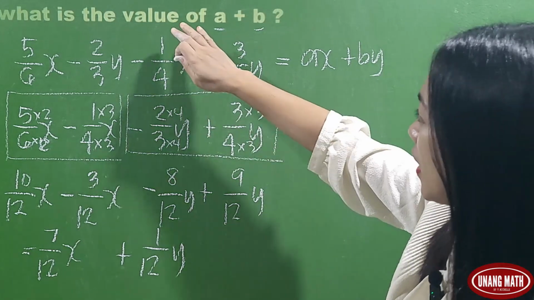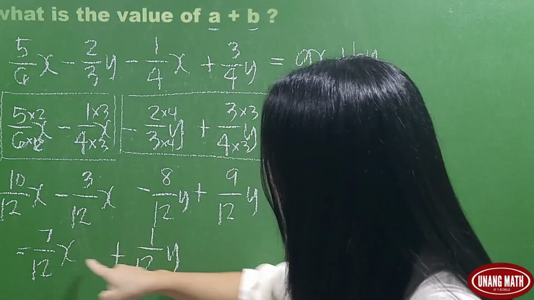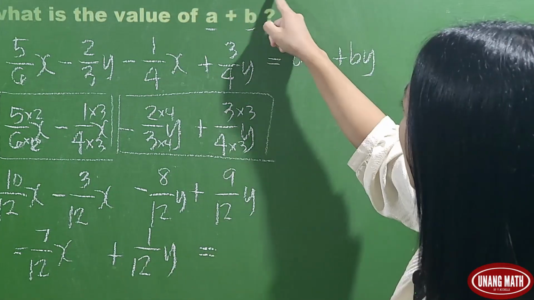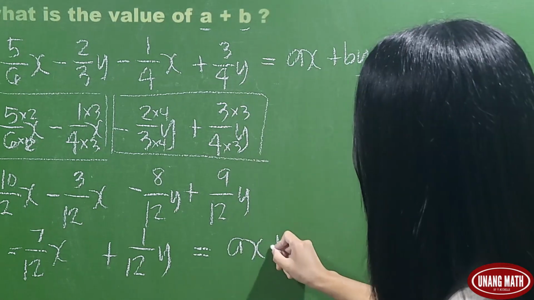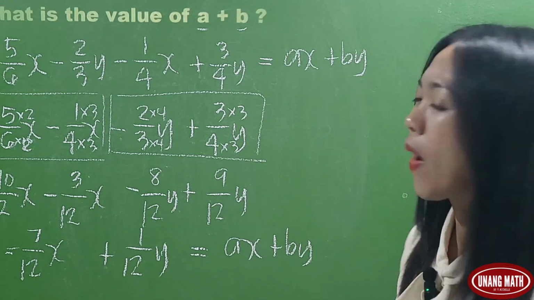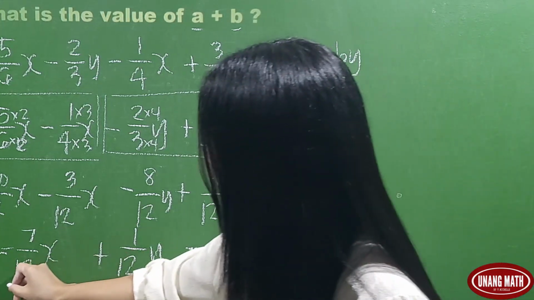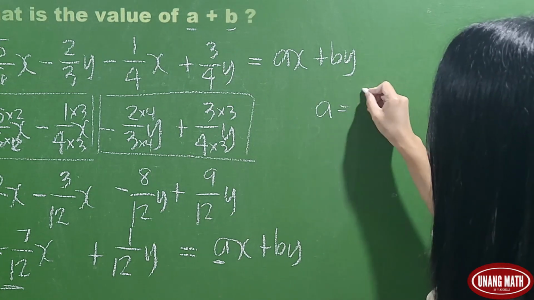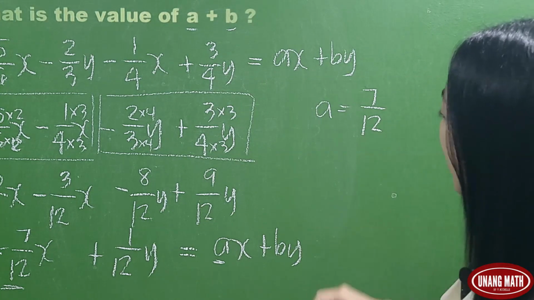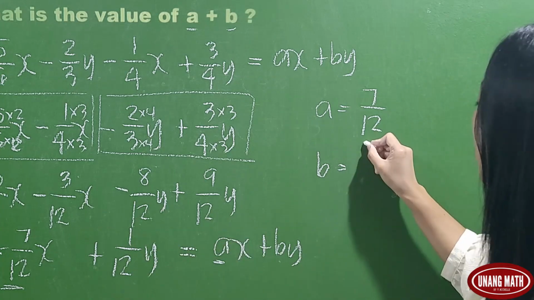There's a question here. What is the value of A plus B? Okay, take note. This is equal to ax, okay, plus by. It means that the value of A is 7 over 12. So A is 7 over 12 and B is 1 over 12.